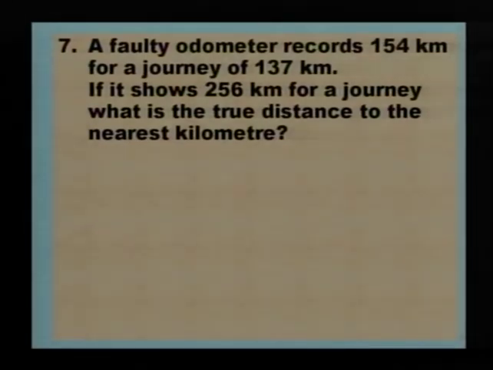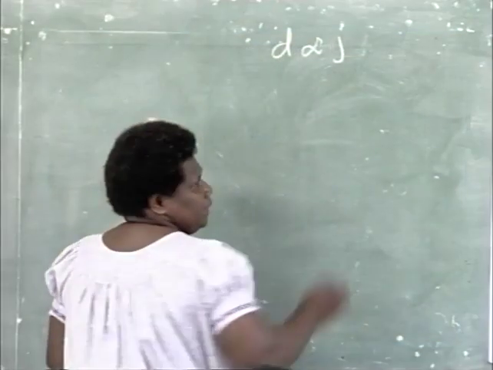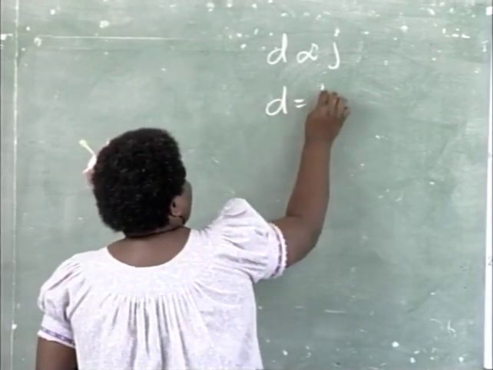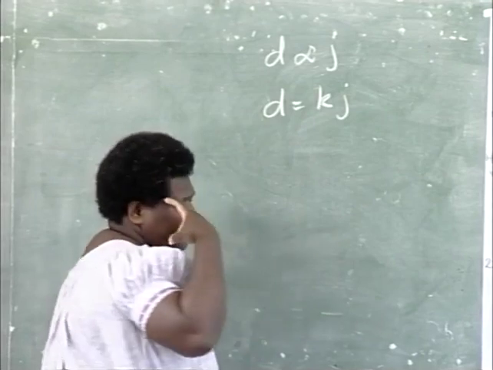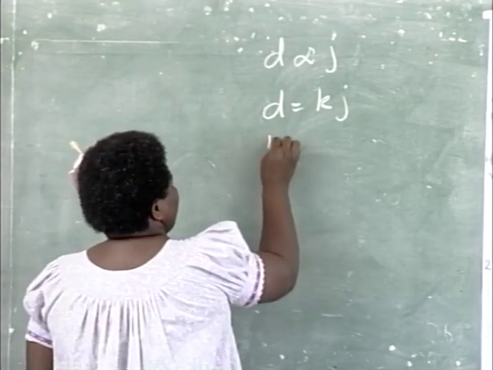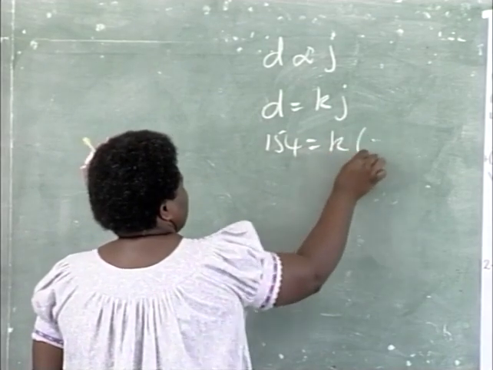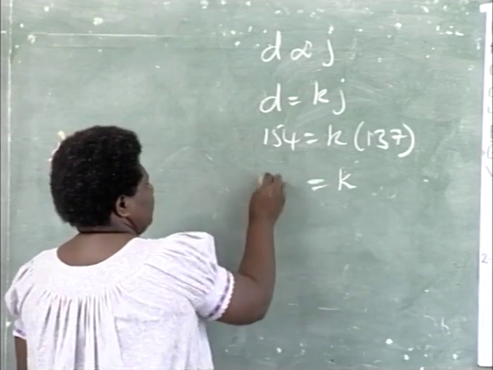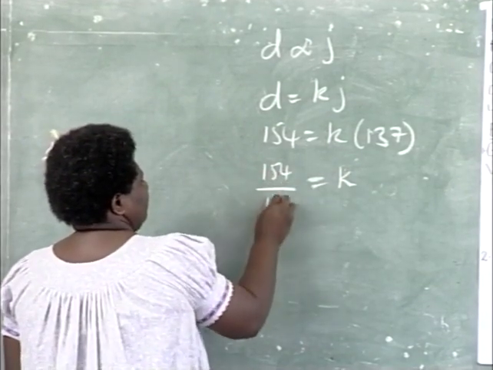Should it be the other way around? I think so. I think it should be D varies directly as J. And D is equal to K multiplied by J. D is equal to 154 when J is equal to 137. So K is 154 over 137.